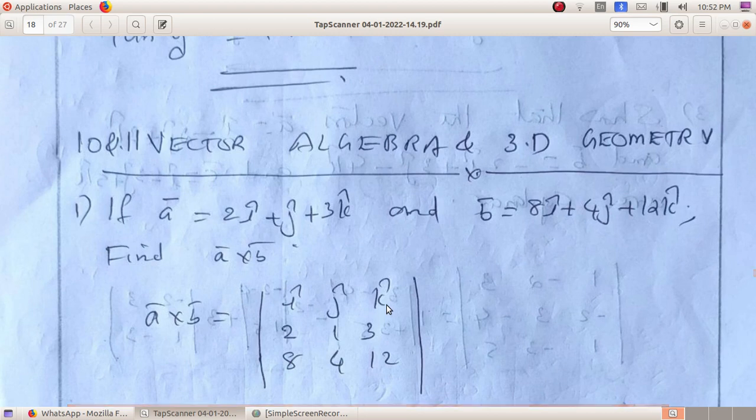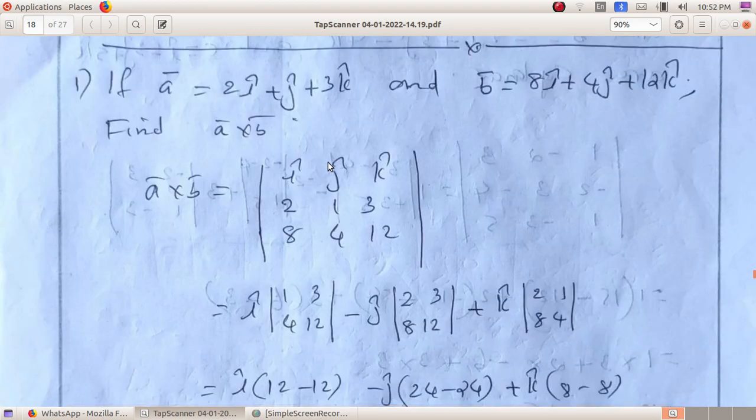Then another chapter combining two chapters, vector algebra and three-dimensional geometry. If vector A is equal to 2i plus j plus 3k and B is equal to 8i plus 4j plus 12k, what is A cross B? What is the formula or procedure for finding A cross B? Determinant i j k, 2, 1, 3, 8, 4, 12.